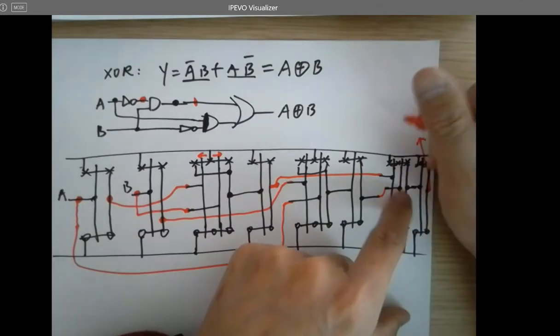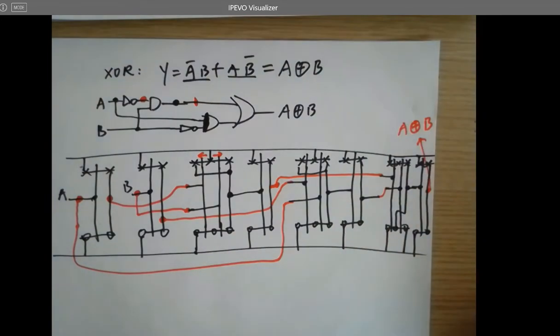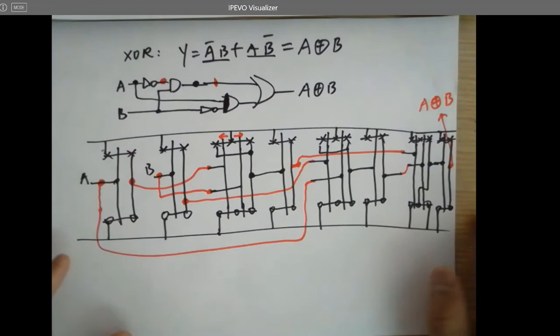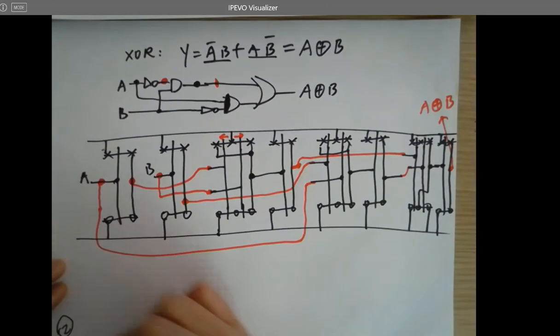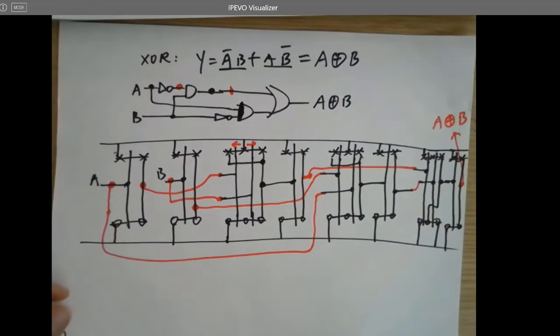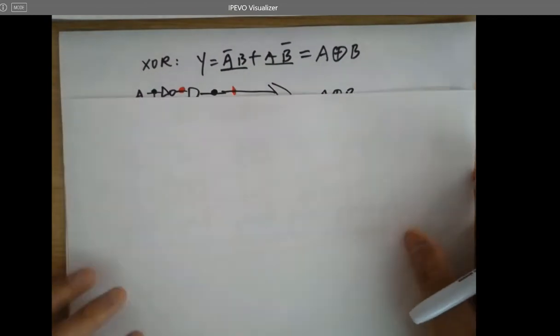So what is this output? A XOR B. That's the XOR gate in the layout, in the gate level, right?